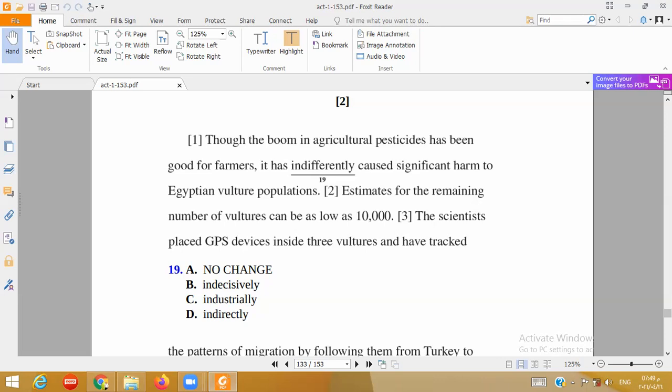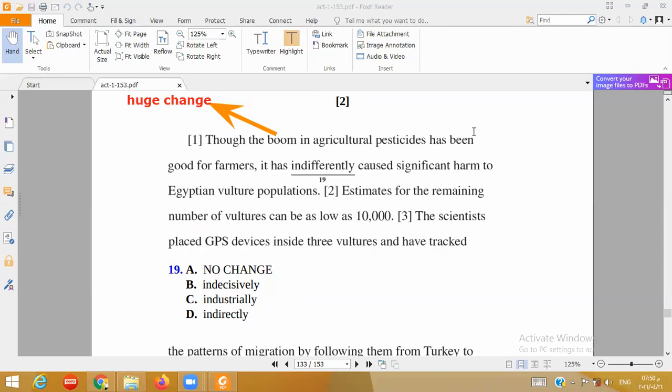He said, though the boom. Boom means development, a huge change and development in agriculture pesticides. Those pesticides are known to be harmful to the plants and to the animals as well. But we had a boom in agriculture pesticides, which means they have greatly changed a lot.